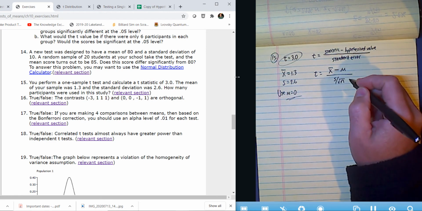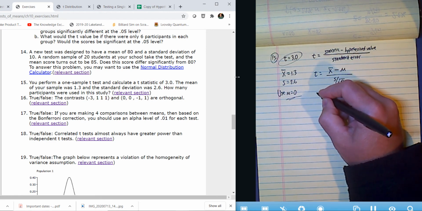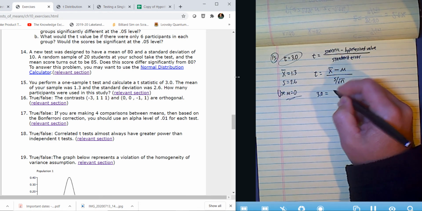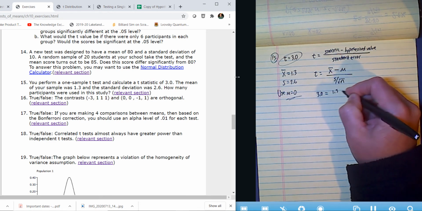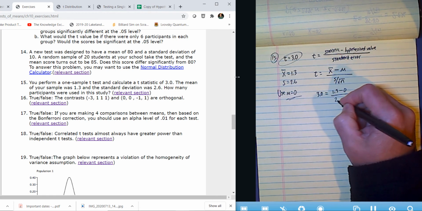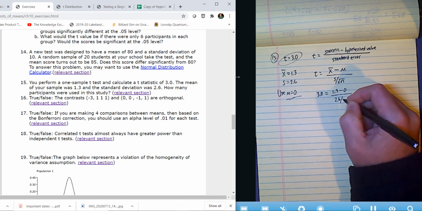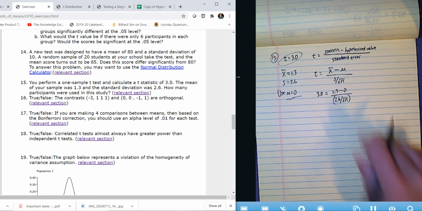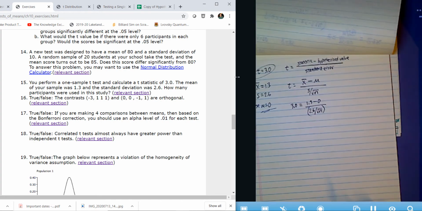But then if I plug into this equation, I now get 3.0 is equal to 1.3 minus 0 over 2.6 divided by the square root of n, okay? So maybe I can rewrite that over on the side here.